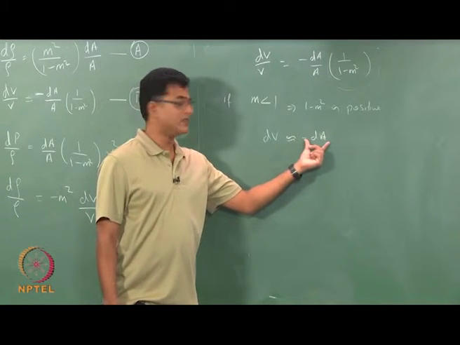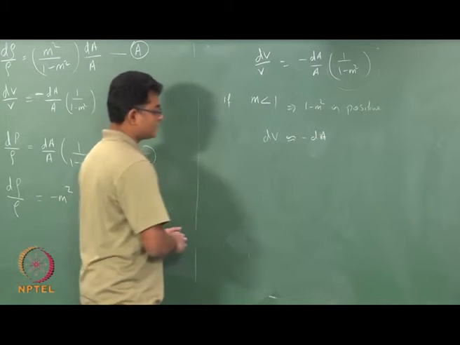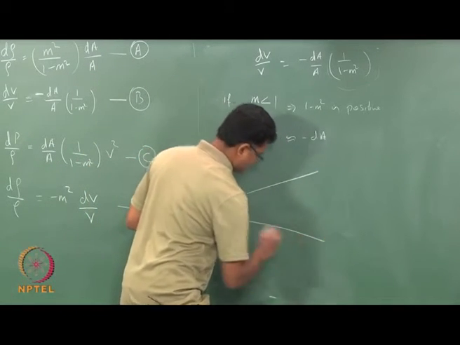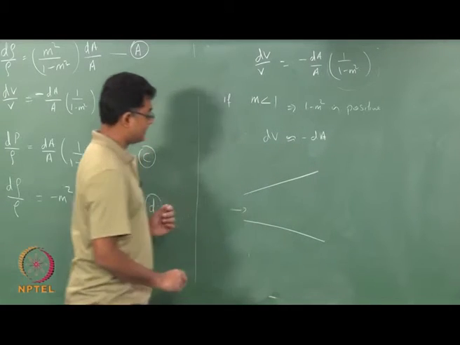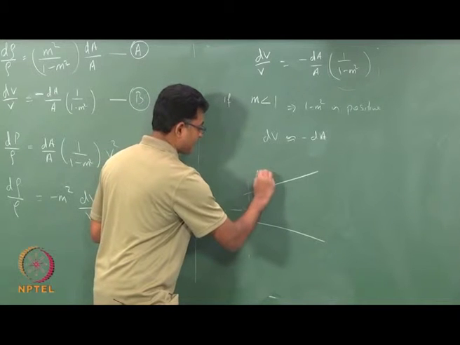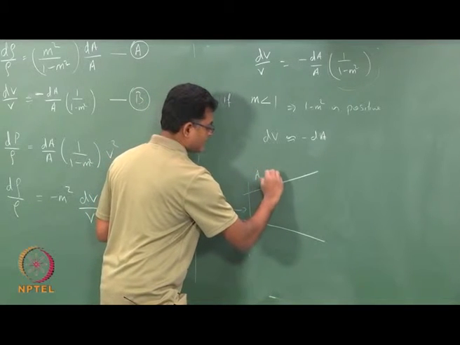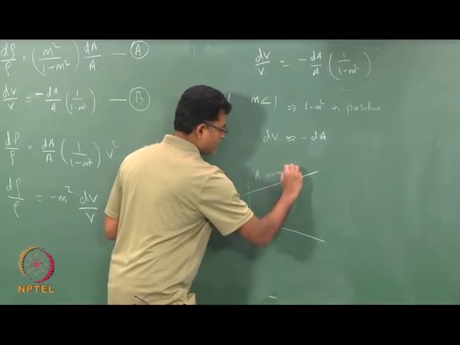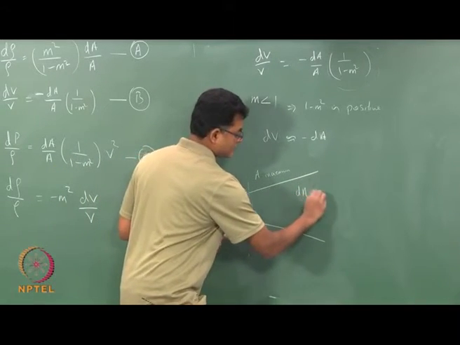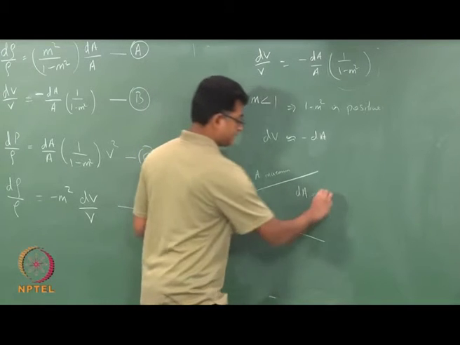So, what is dA? If I have a diverging area like this, my area A is increasing along with the flow, which means my dA is positive.